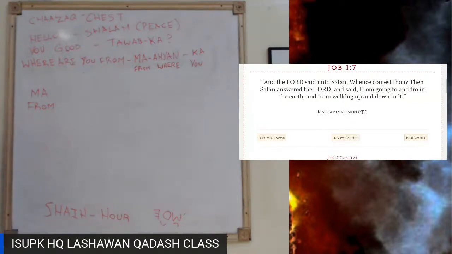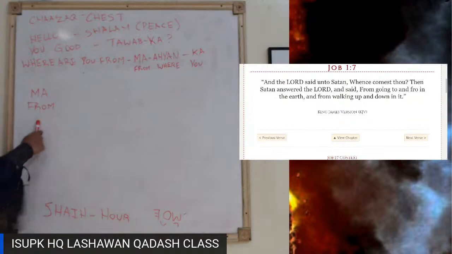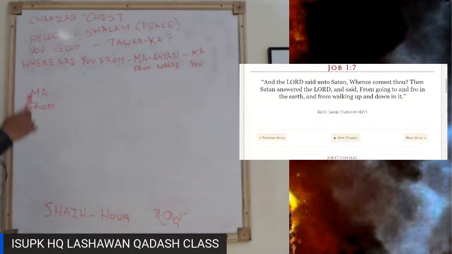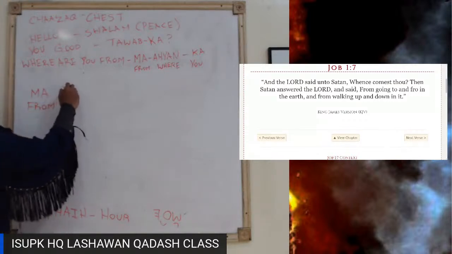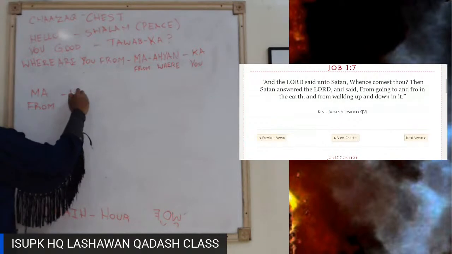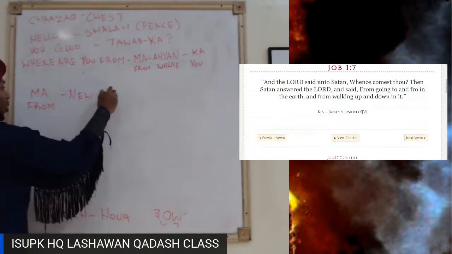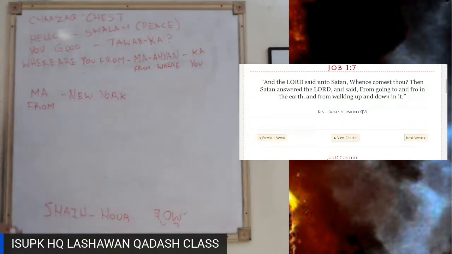Oh, hold on. Oh, yeah. Ma, which means from. So from where? I'm from. Yeah, where you from? Okay. Ma, New York. Okay, Ma, New York. Correct answer. You see what I'm saying? Ma, New York. You know what I mean?